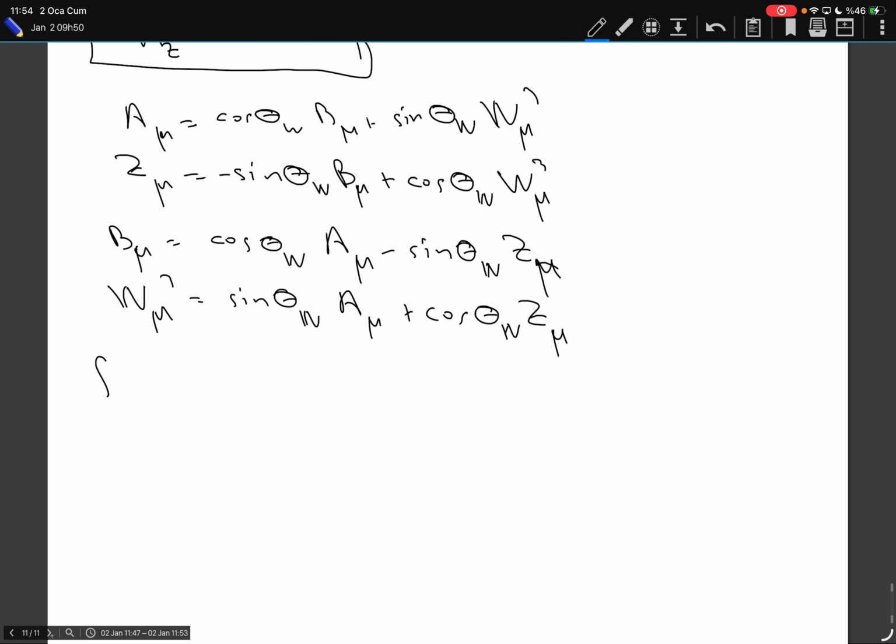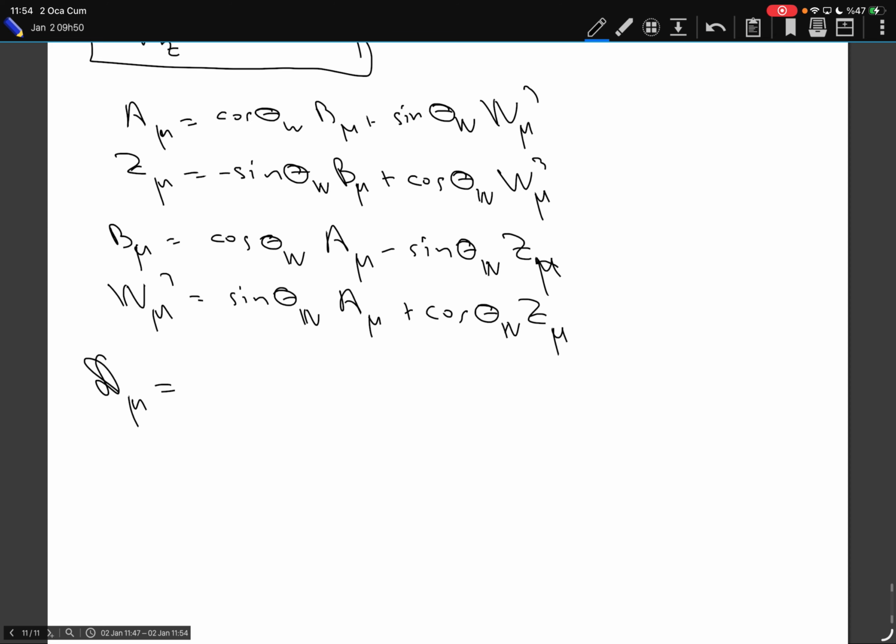Now the covariant derivative, if you remember, is defined as del mu minus i G1 y over 2 B mu minus i G2 sigma n over 2 omega mu n. I just would like to know how A mu interacts with my fields. So I will just pick up the A mu terms.